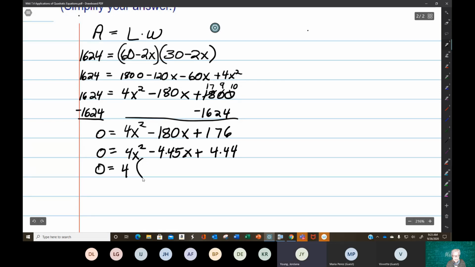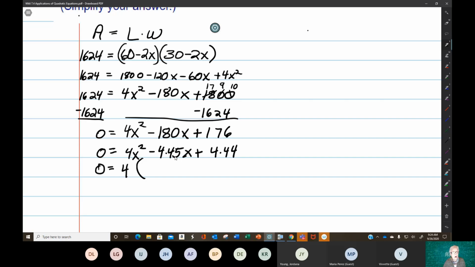Miss Barbara, when we're writing down the steps, why are we writing it 4 times 45x? Shouldn't we just put a 45x? I found out that 4 goes into 180 45 times. I'm just trying to find a GCF, that's all. And I'm guessing that it's 4.